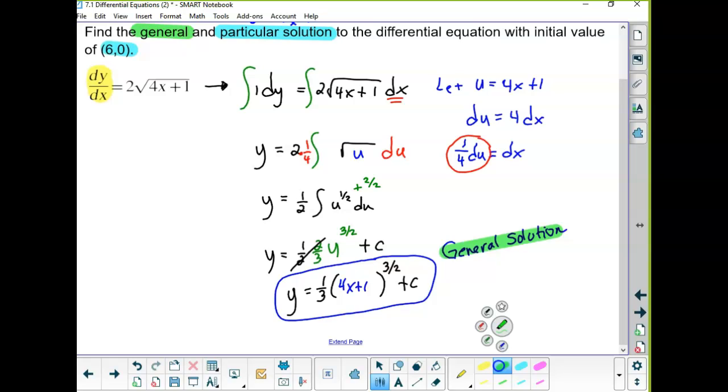But we're not done, because it says find a particular solution. Well, you did all this work. Now all you do is use the given point, 6, 0, and find the c value.